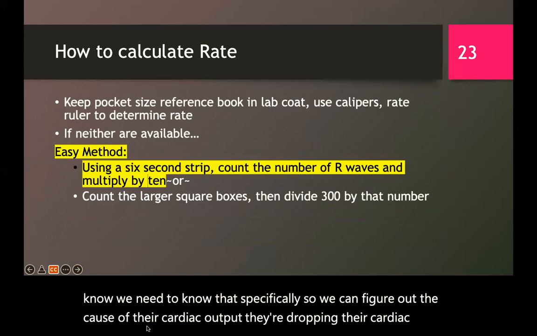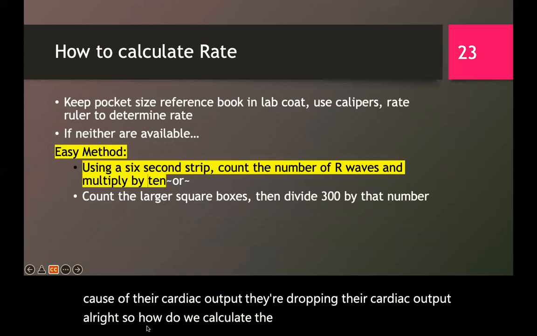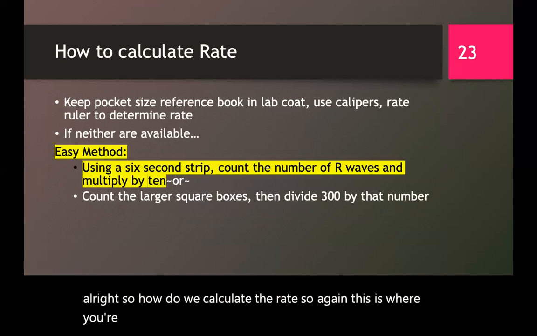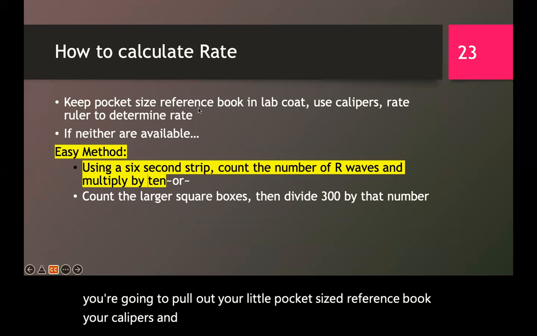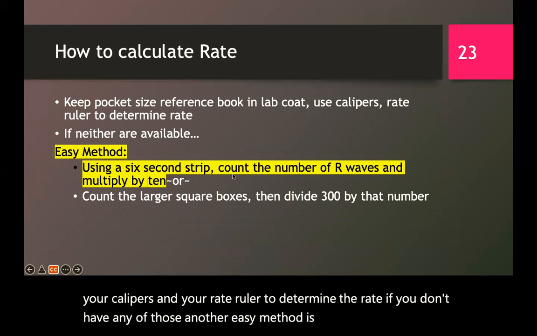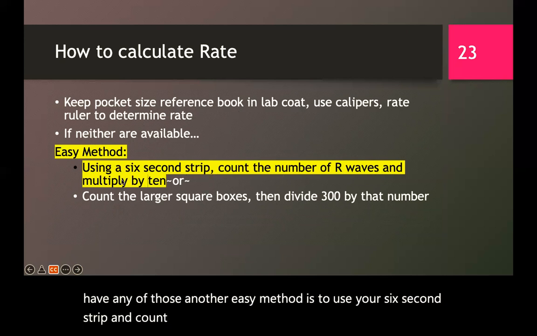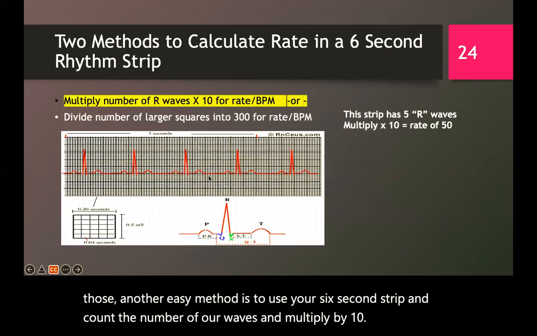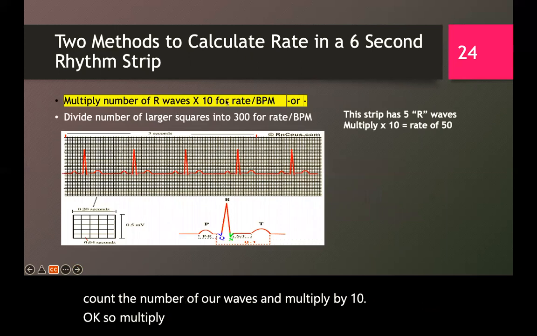All right, so how do we calculate the rate? So again, this is where you're going to pull out your little pocket-sized reference book, your calipers, and your rate ruler to determine the rate. If you don't have any of those, another easy method is to use your 6-second strip and count the number of R waves and multiply by 10.